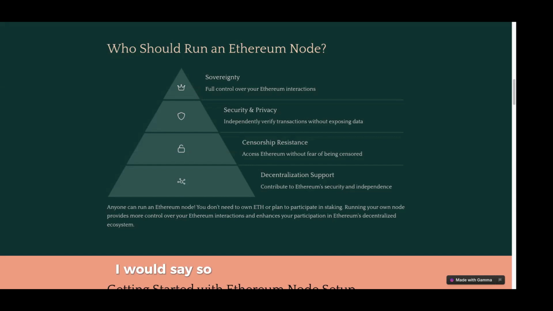So running your own node is basically running just the consensus client and execution client for Ethereum. You're not running the validator client. We'll still talk more about this eventually.